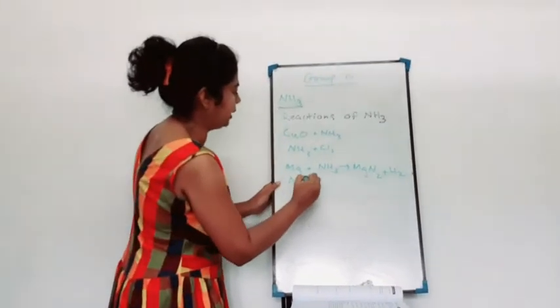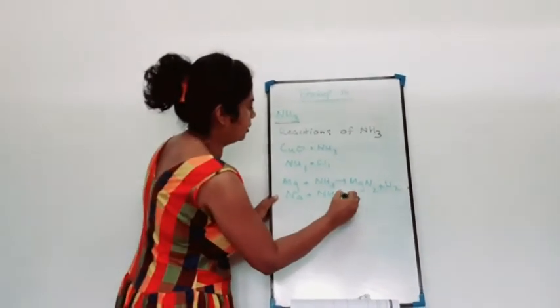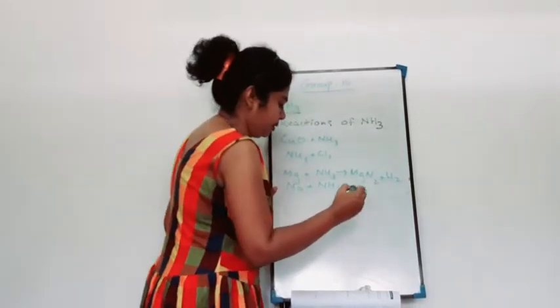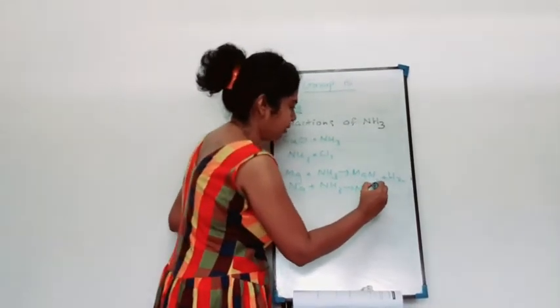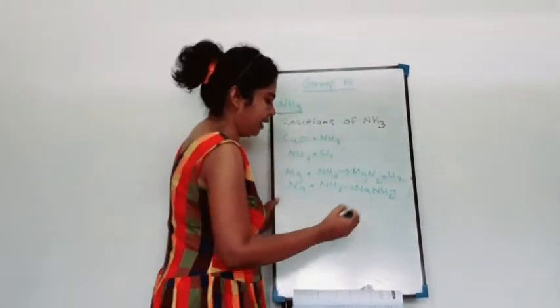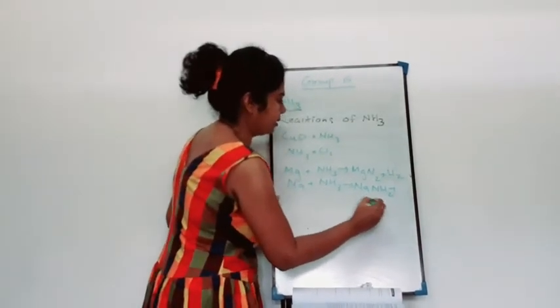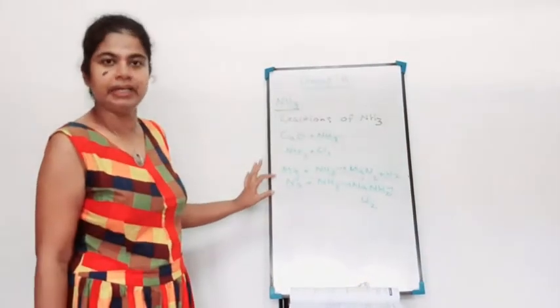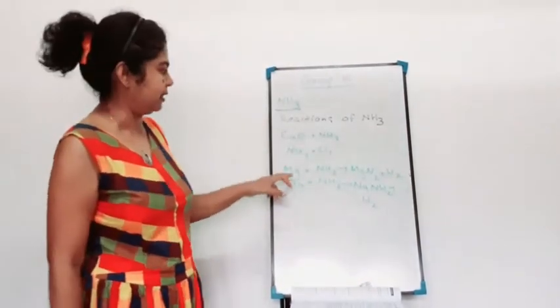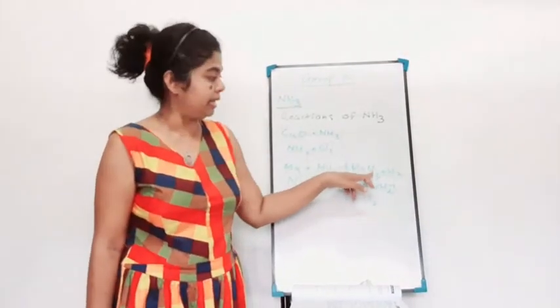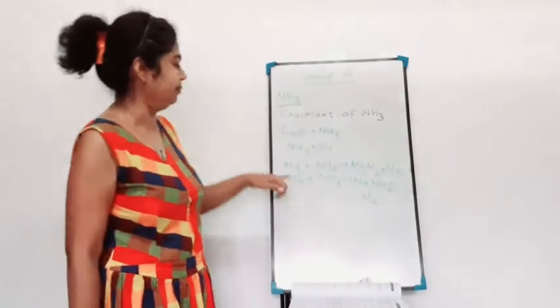Similarly, if sodium and ammonia, then it can form sodium amide, NaNH2, and hydrogen gas. So in these two cases also it is a bit different, so you have to memorize, right? Magnesium with ammonia forms magnesium nitride and hydrogen gas.